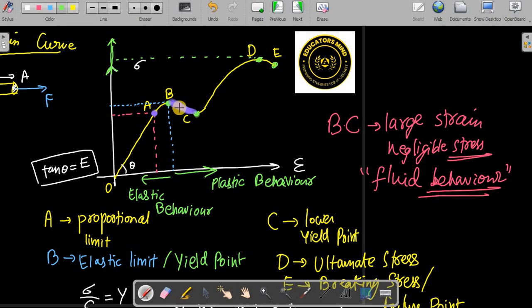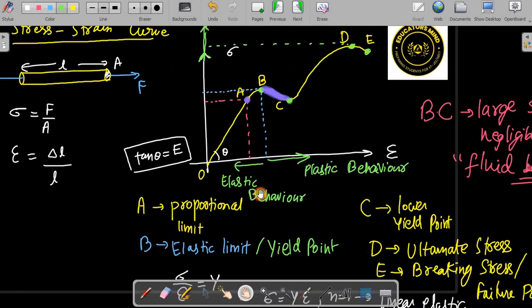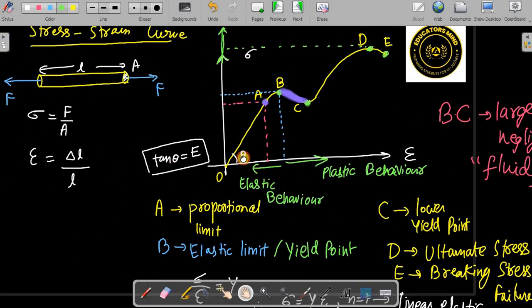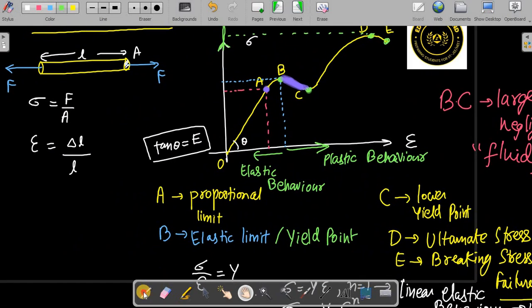Also, we need to note one important thing: while the material is going to fracture, there will be development of a very thin neck, like this kind of structure will develop because the body is going to break at this point.